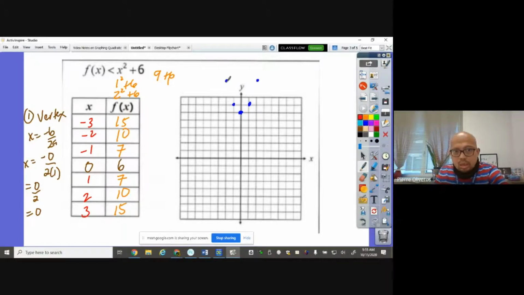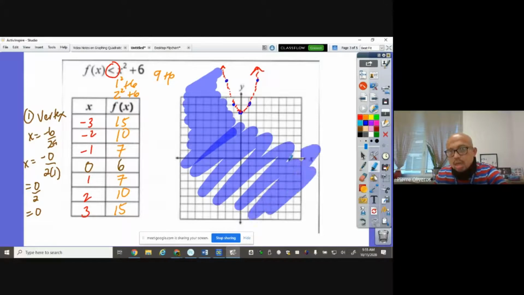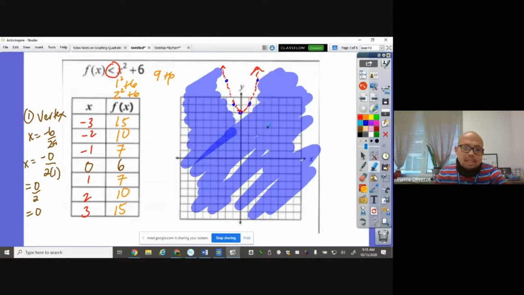This is going up. We connect them, but it's a less than, and this is also a dotted line or dash. And since that's less than, we're gonna highlight the below portion. All right, and that's our solution. Easy, right? Kaboom.